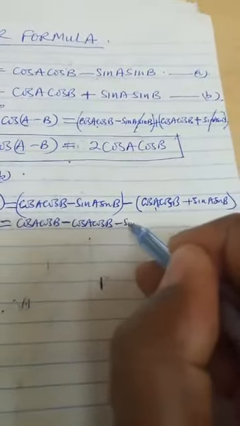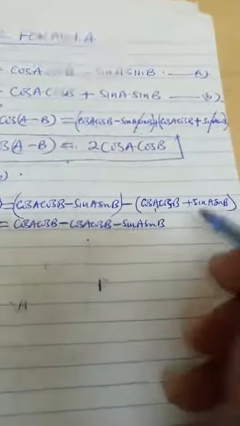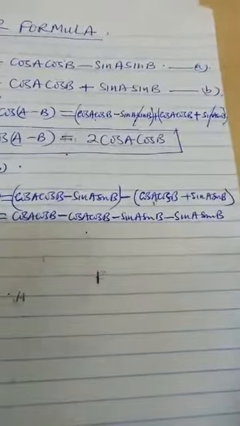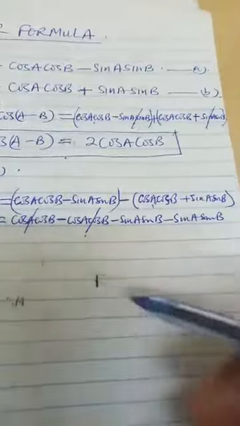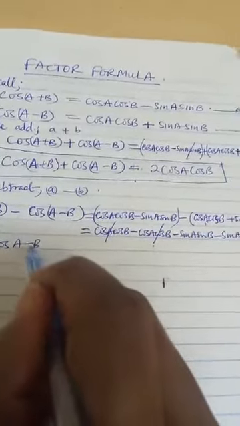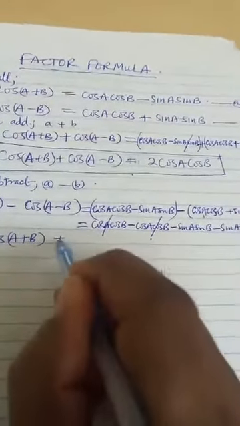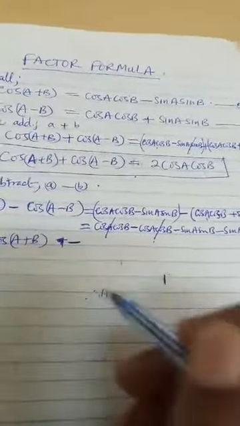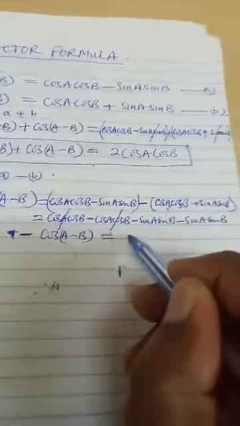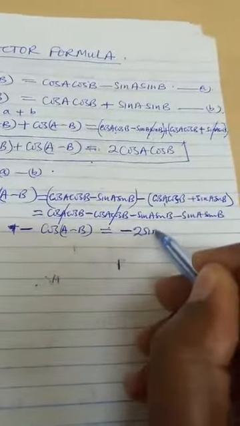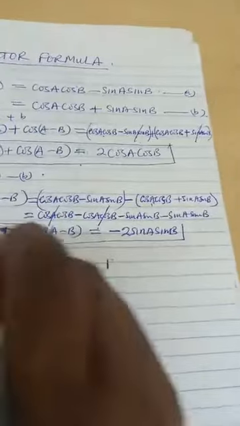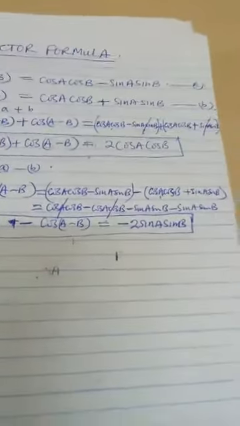Then minus sin A sin B, then minus sin A sin B. You will notice that this term will cancel with that term, and that implies that our cos of A plus B minus cos of A minus B, because we are subtracting, is going to give us minus 2 sin A sin B.